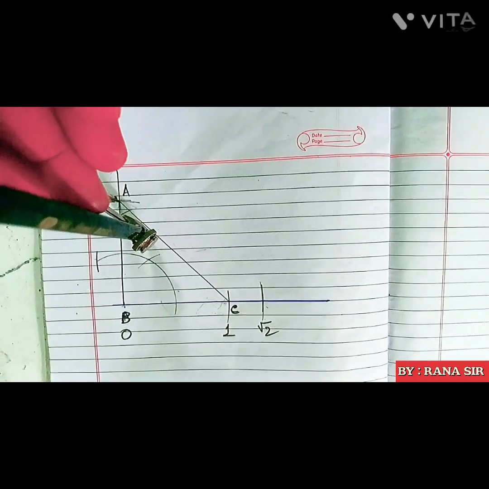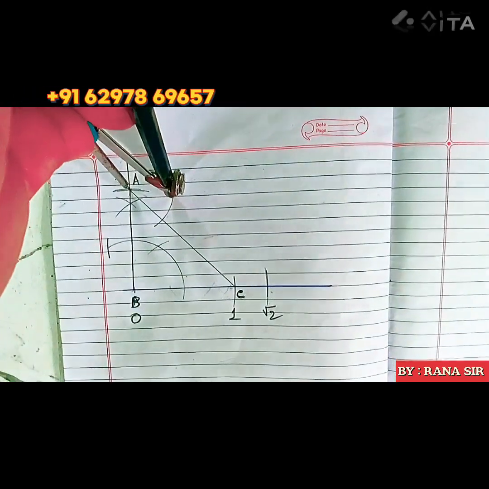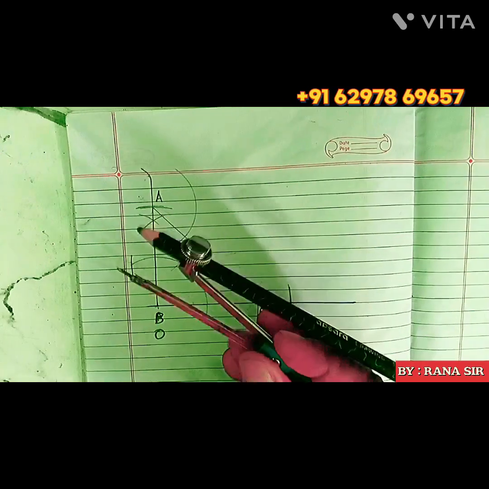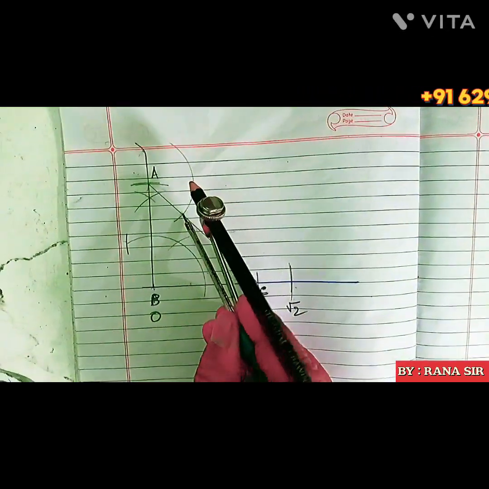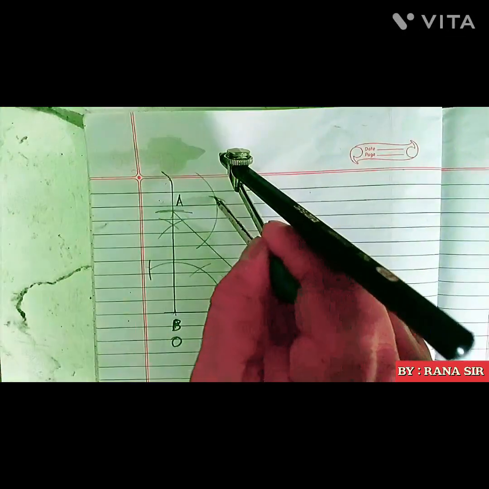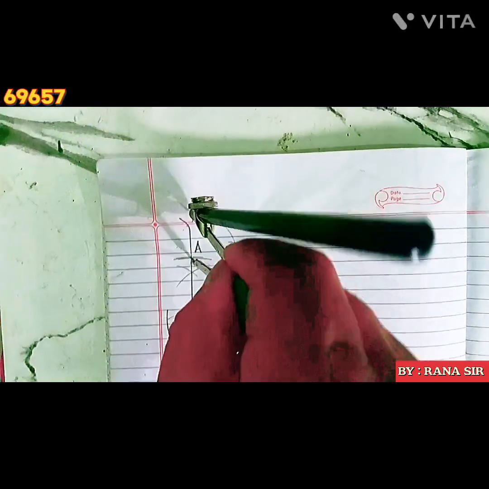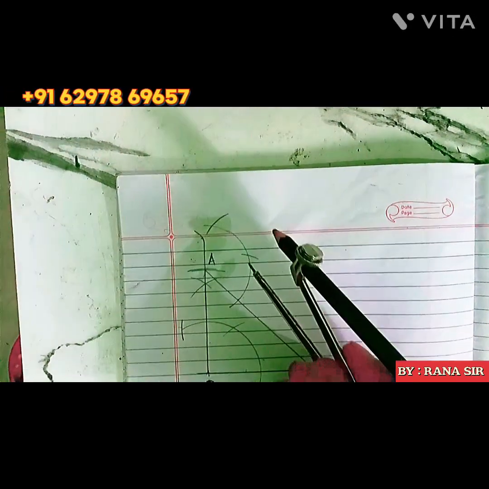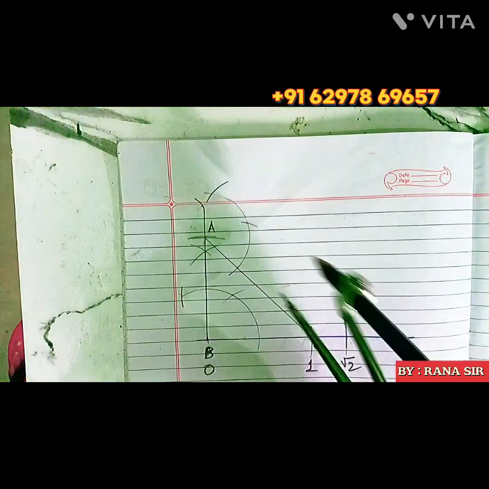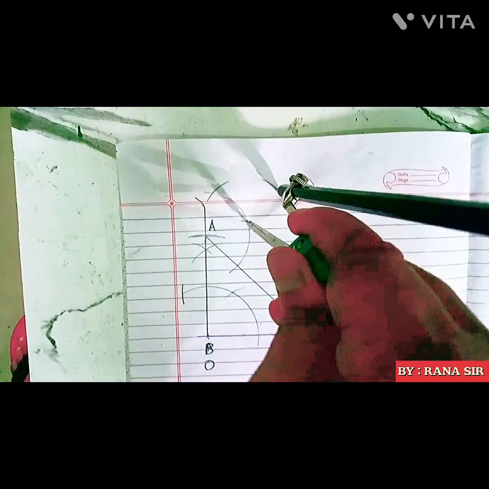So I'm drawing an arc at point A. Let me pierce the compass needle at point A. See, I'm drawing an arc at point A. Without changing the arc dimension, I'm cutting the arc at 2 points. First point here, and from this cut position I'm further cutting it above.